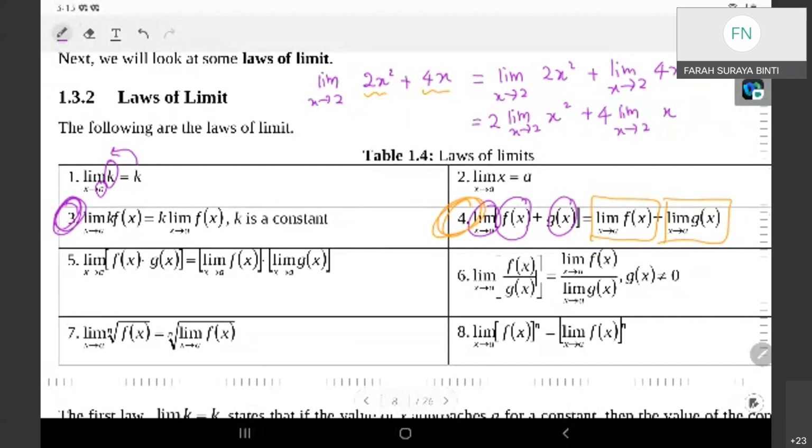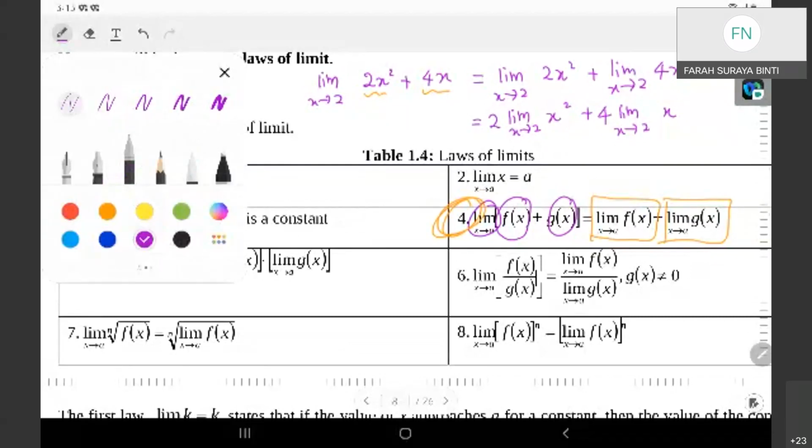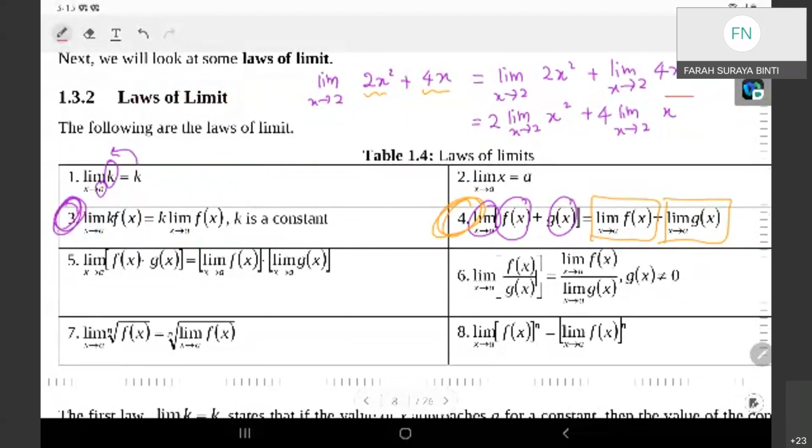Okay, and then kalau perasan dekat sini, yang ni kita boleh apply law number 2. Nanti dia akan dapat yang ni saja.